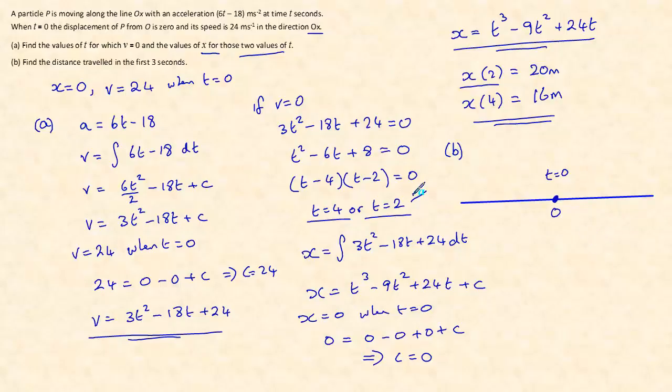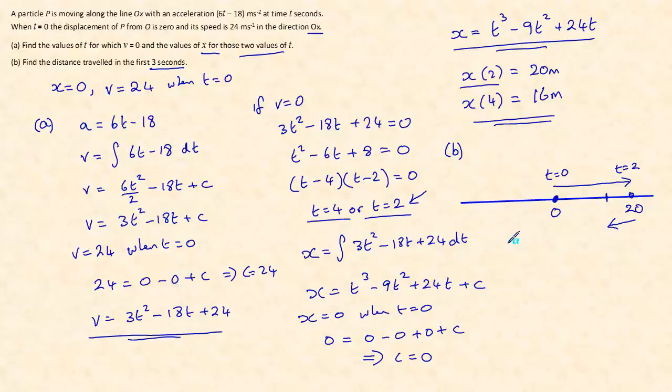We found that over here. And when t equals 2, we know that it's 20 meters here. So it's travelled like this. Now, x of 4 is 16, so it follows that it starts to travel back this way. And we want to know where it is when t is 3.